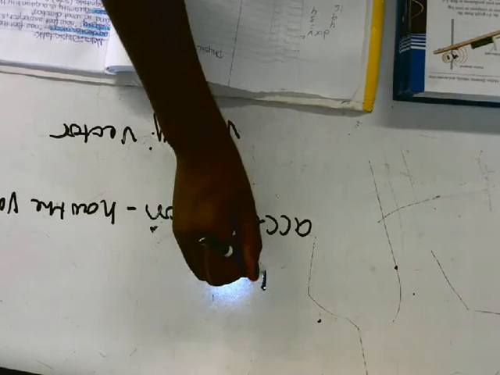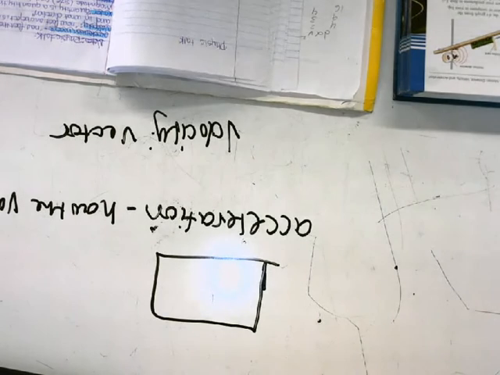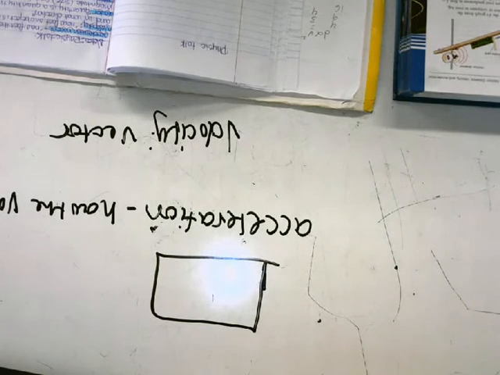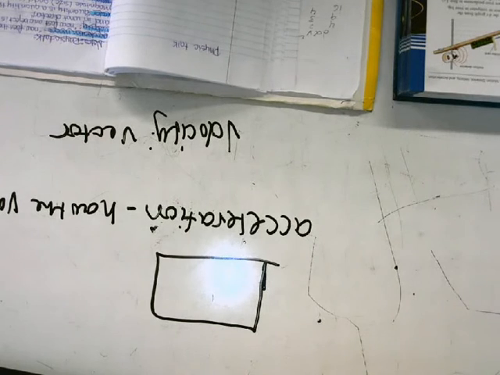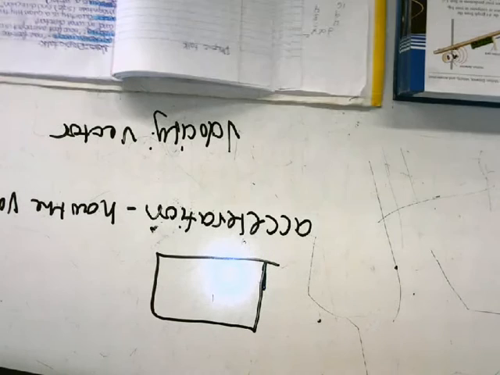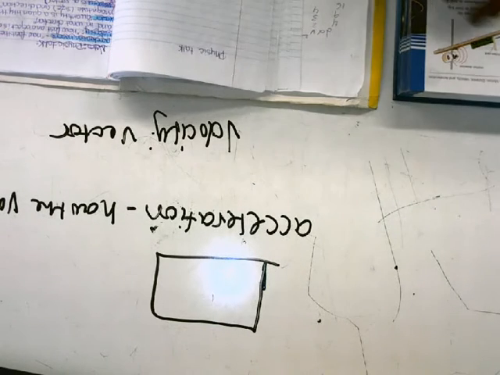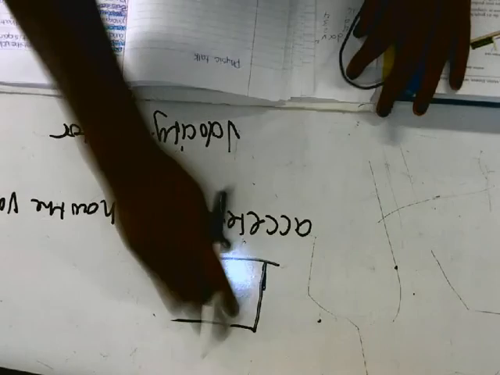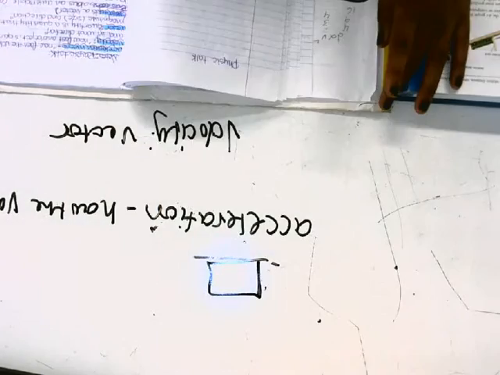As for the car, which is very small, its velocity will be a lot faster. Like the example, the bus would be going slower because it's bigger, and the car would be going faster because it's smaller.